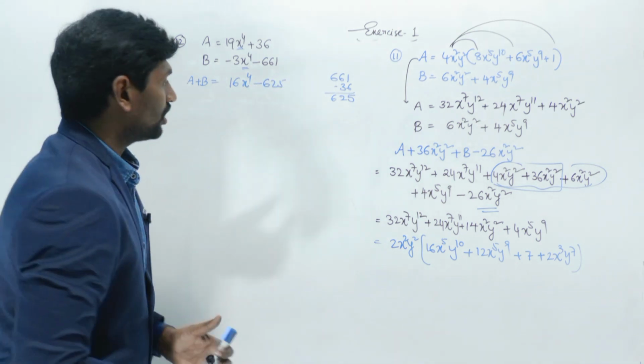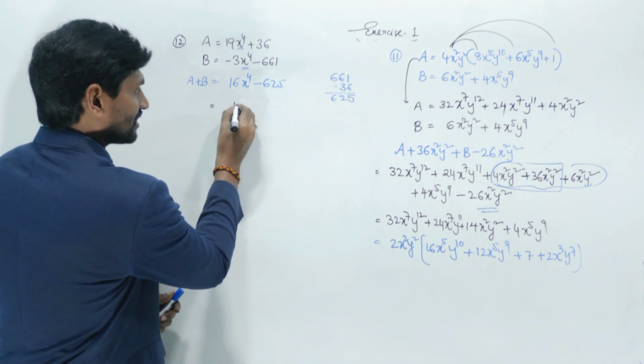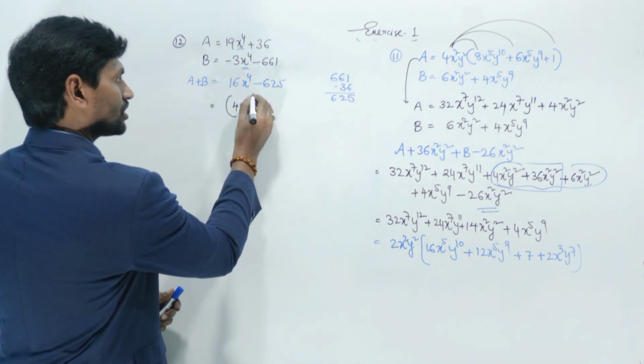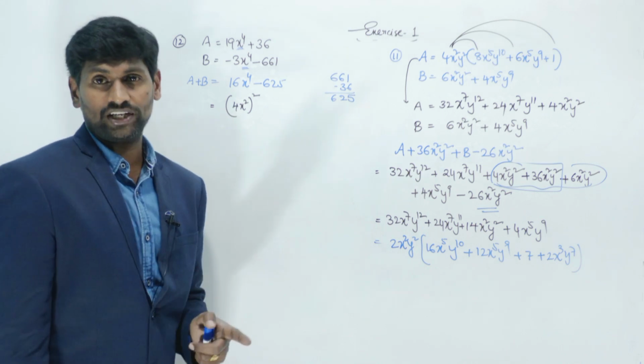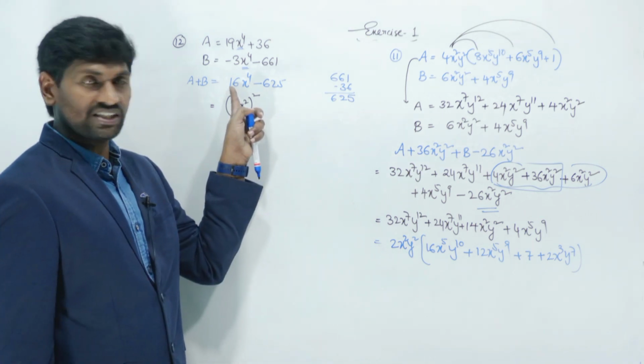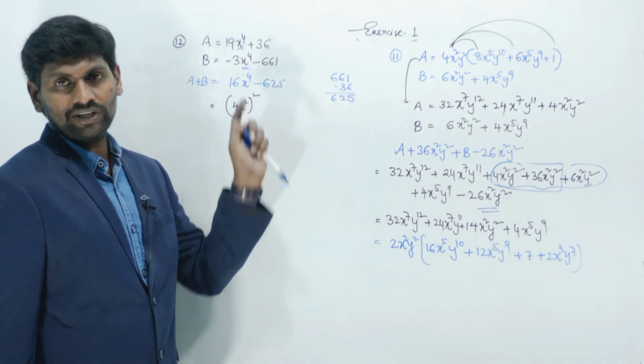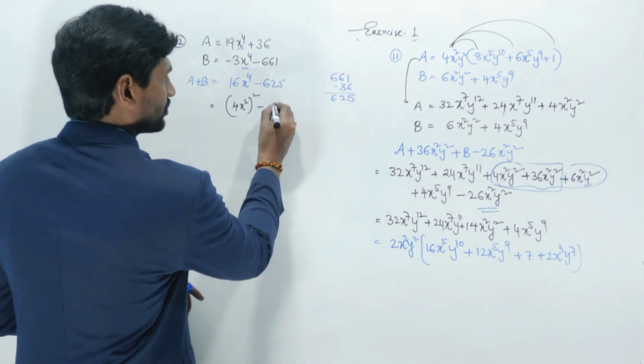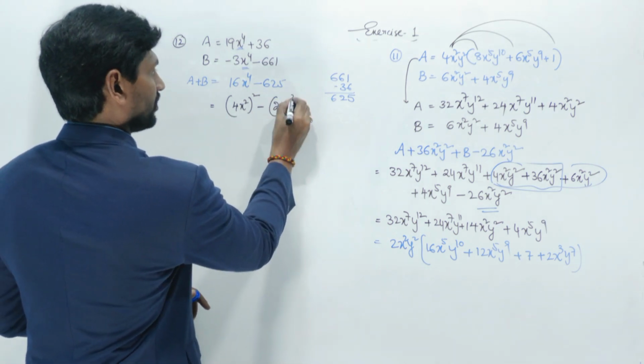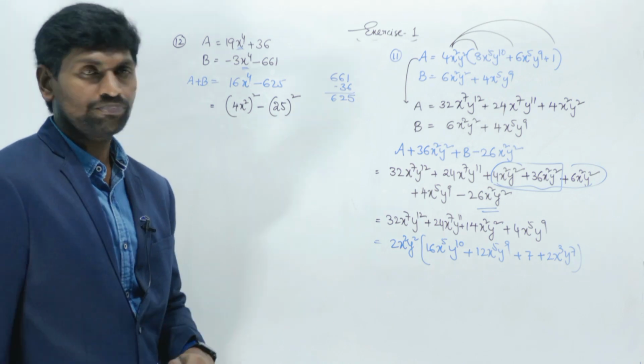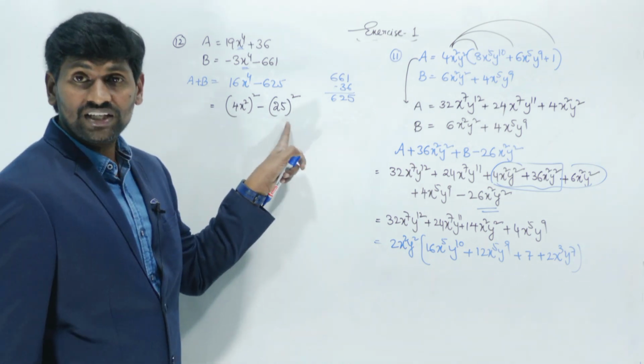Now this one we can write as (4x^2)^2. Can I write? Because 16 is a square number, 4 squared is 16, and (x^2)^2 is x^4. And 625 we can write as 25 squared.